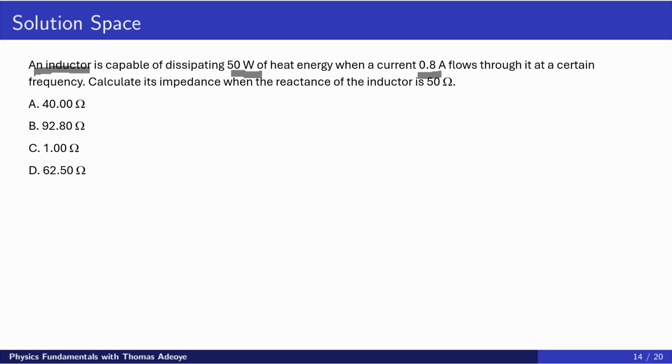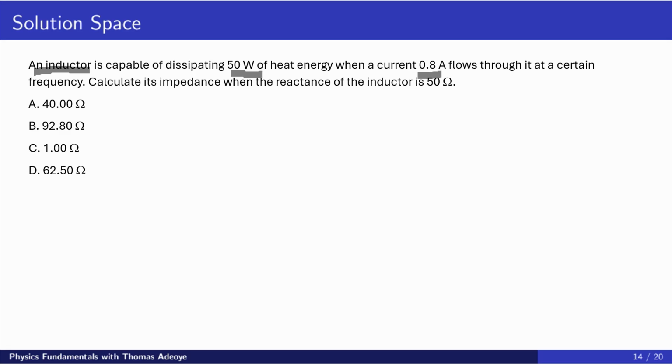Are you with me? In this question there is the presence of resistance. There is a resistor, and someone will ask me, how do I know there is a resistor? You can see in the question it was said that a power of 50 watts was dissipated.